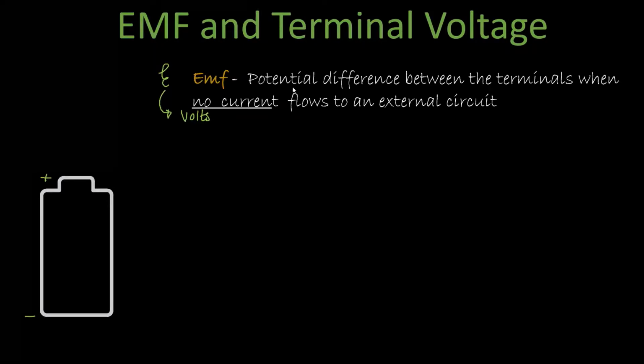EMF is the potential difference between the battery terminals when current is not flowing to an external circuit. So if I name this terminal A and terminal B, the potential difference at the two ends of your terminal, which we name as VAB or the terminal voltage, will be equal to the EMF when the current is not flowing out of the battery.